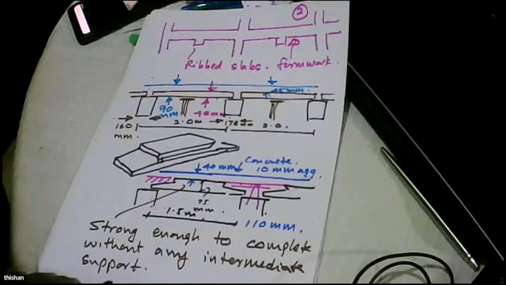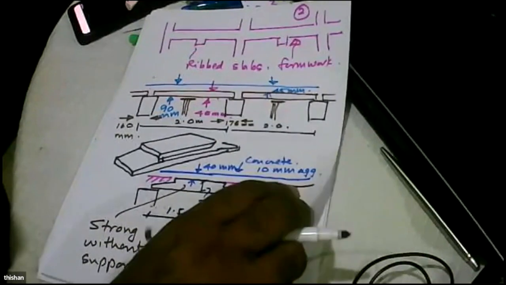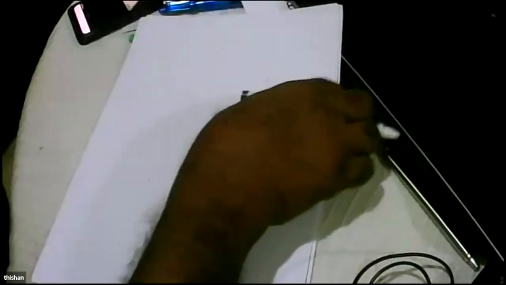So we thought, okay, let's do this. So we selected, considering that the beam will be in situ cast, a width of 175.